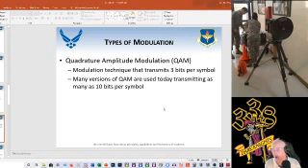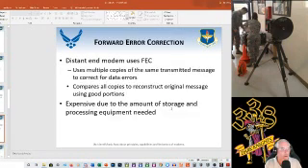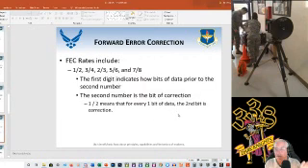Now, we also look at quadrature, which is, I think the new TVs are doing this nowadays, which is the QAM. And also HF is starting to use QAM on the ham radio operators for sending data out. Now, what I wanted to get to was forward error correction, and I hope you guys know about forward error correction. It is a way to correct what happens on the distant end.